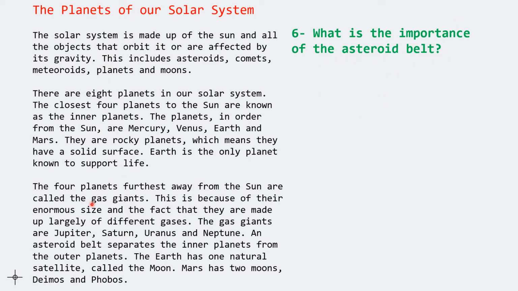Why is it important? What's its function? Here, the asteroid belt separates the inner planets from the outer planets. Here is the answer for question 6.